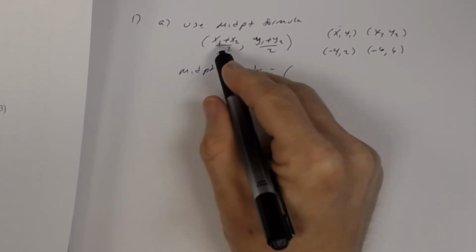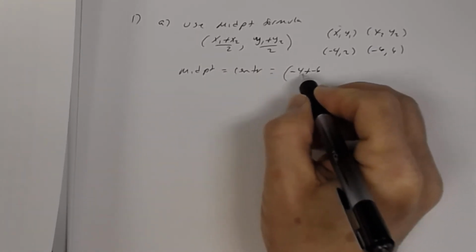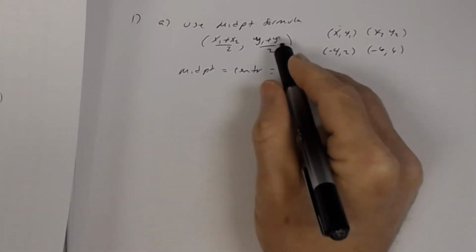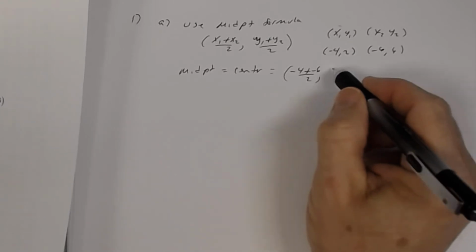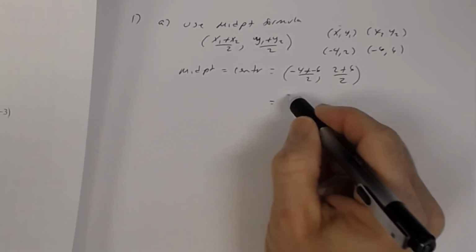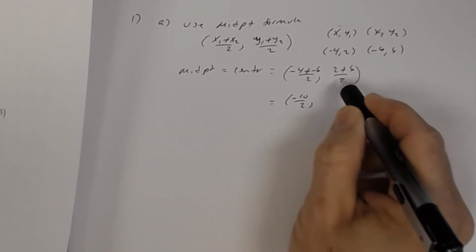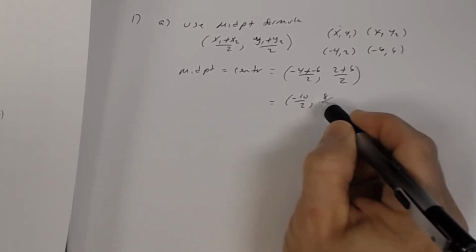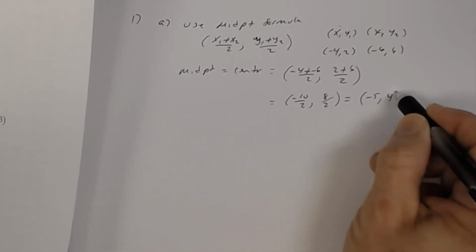Remember, you add your x's together, divide by 2, comma, and then add your y's together and divide by 2. You're just taking the average. So 2 plus 6 divided by 2. Simplifying, -6 plus -4 is -10 divided by 2, and 6 plus 2 is 8 divided by 2. So I get -5, 4.